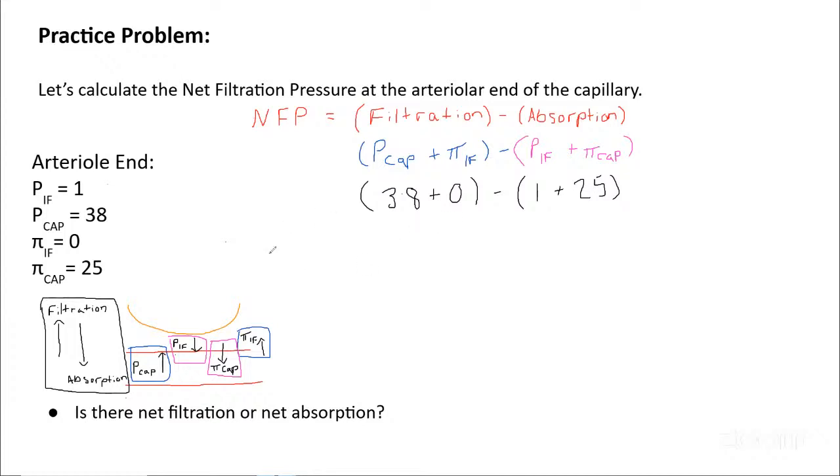For our total net filtration pressure here, we had 38 as our total forces for filtration, minus 26 as our total forces for absorption, giving us a total pressure for filtration, right? Because this number is bigger, of 12. Okay.